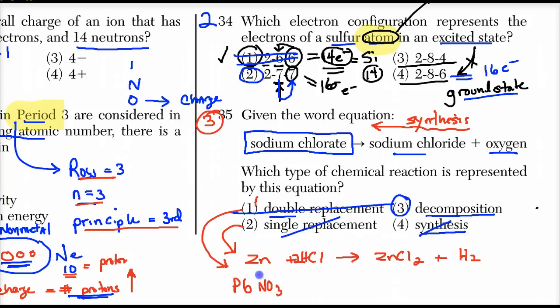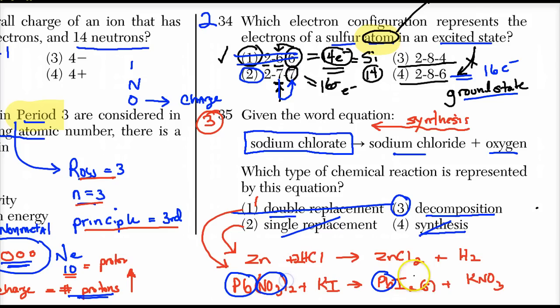That's a polyatomic ion, lead 2 nitrate plus potassium iodide. And you're going to switch partners. So you're going to make lead iodide, which is a yellow precipitate. It's your solid, plus KNO3, which would be your aqueous. And all you can see is that the partners are just changing. The lead plus 2 is still lead plus 2. The nitrate hooks up with the K. All you're doing is switching partners.